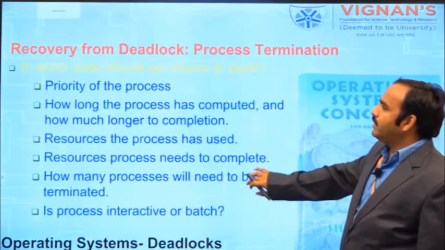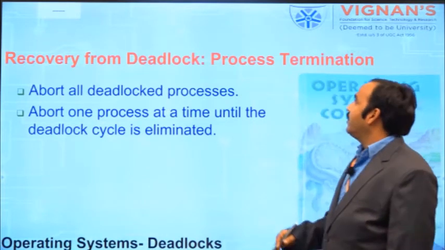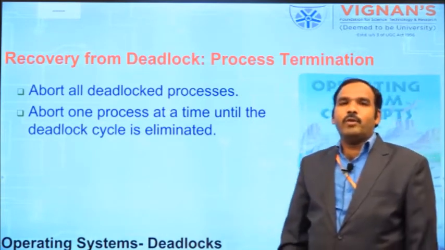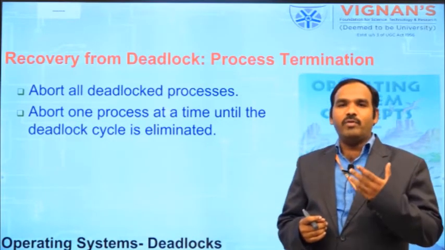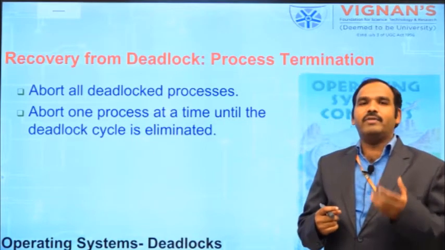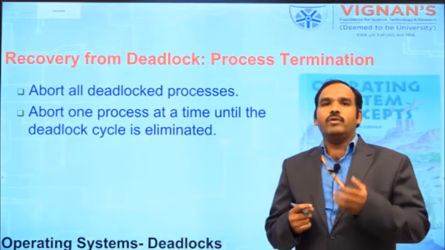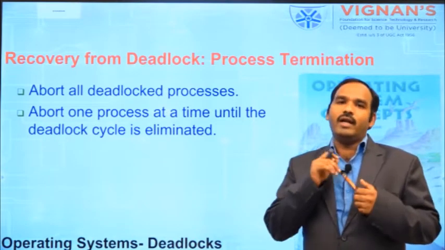The first issue related to deadlock recovery is process termination, which is one way to come out from the deadlock. Once the deadlock is detected with the help of the deadlock detection algorithm, we have to identify the processes involved in that deadlock.